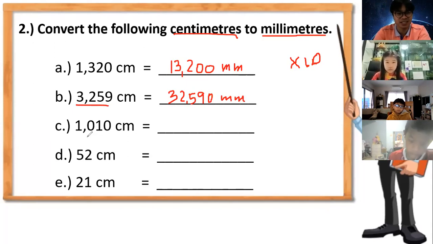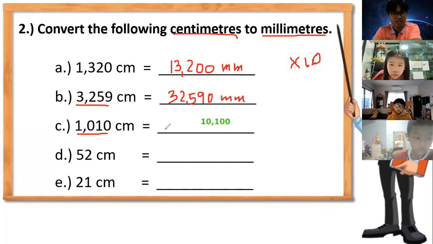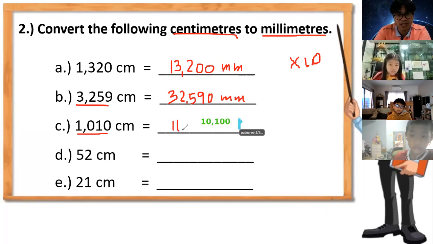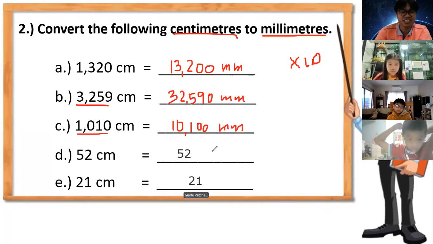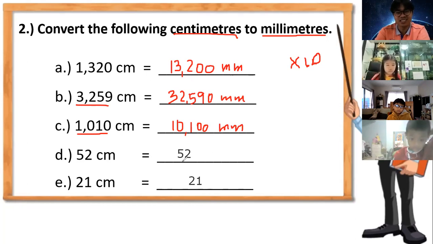Next, letter C. What's your answer here? 1,010 centimeters. Yes, that's correct: 10,100 millimeters. Letter D: 52 centimeters. How many millimeters?